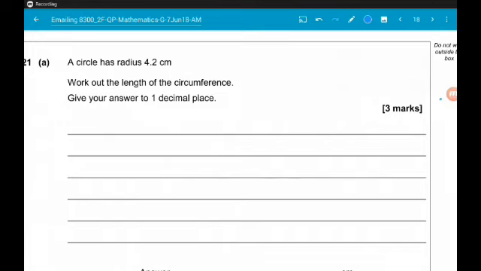Okay, question 21. A circle has radius 4.2 centimetres. We want to work out the circumference to 1 decimal place. So circumference is pi times diameter, and the diameter is 2 times the radius.